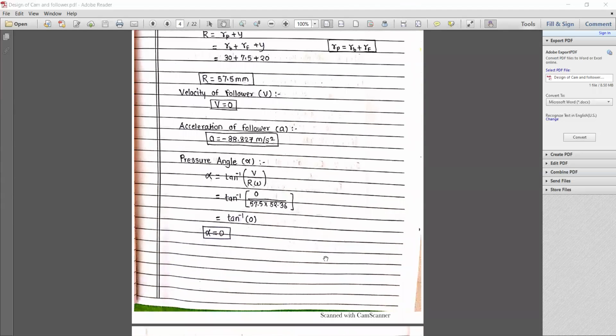The maximum acceleration of the follower, A, is equal to minus 88.827, because it lies below the line when we draw the force diagram.